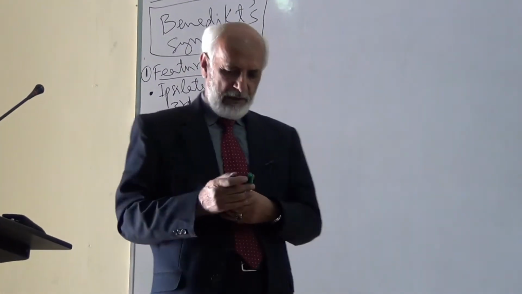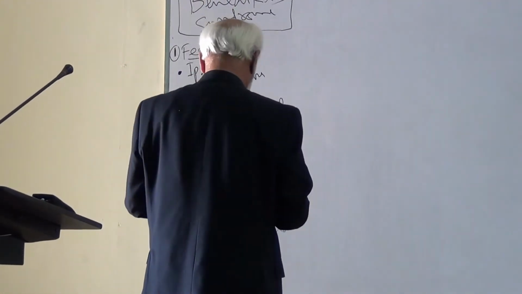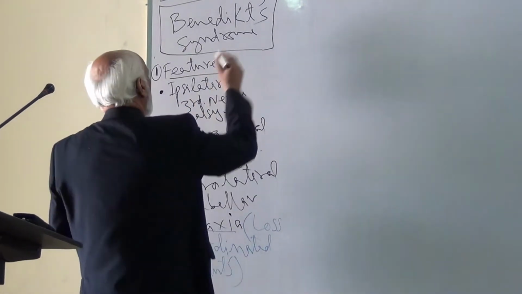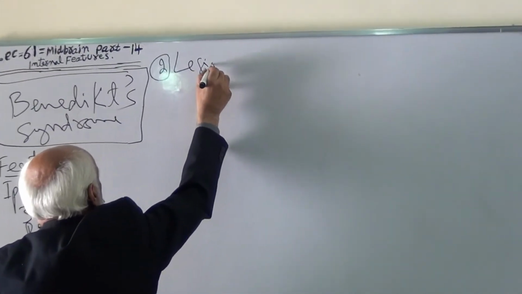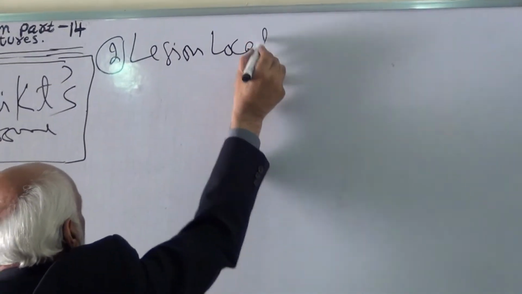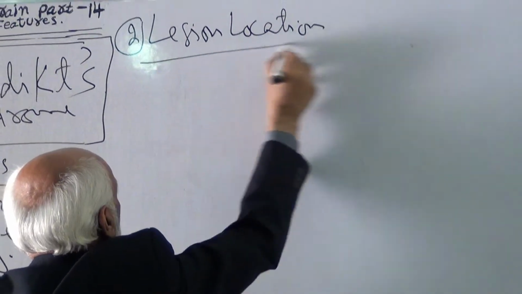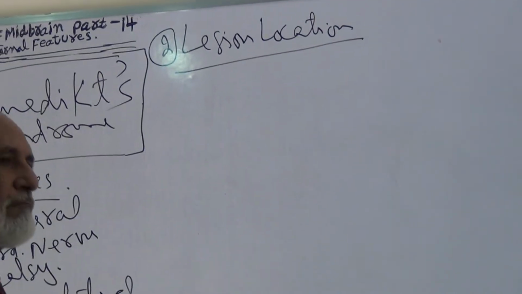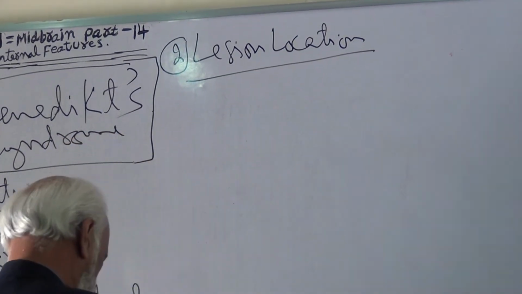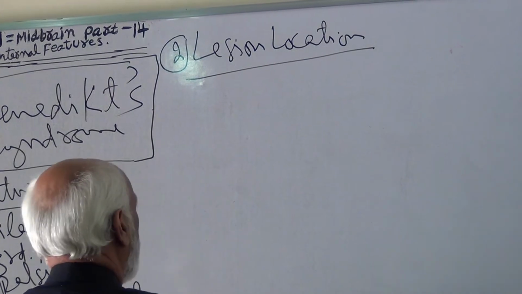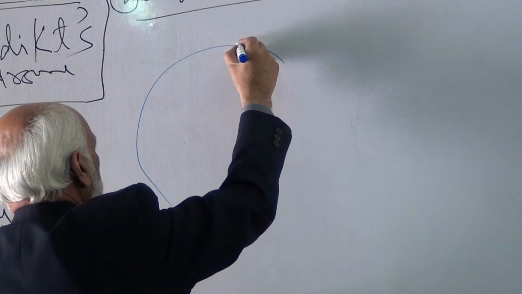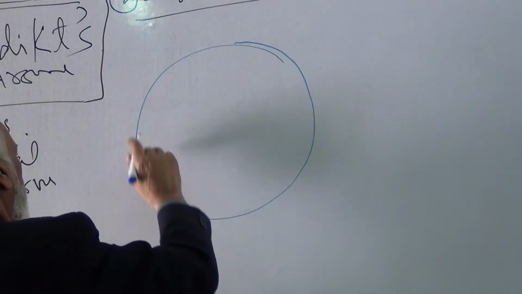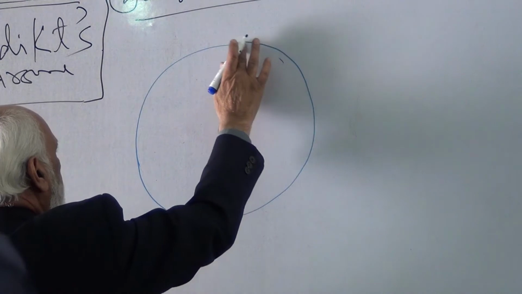Next, lesion location. Where the lesion is located. Again, we will draw the midbrain, a section of the internal structure of the midbrain at the level of superior colliculus.